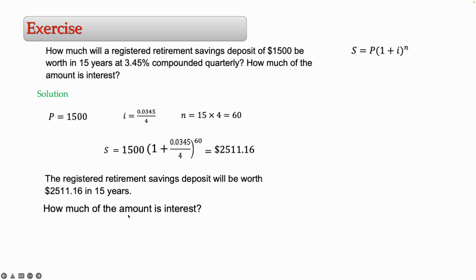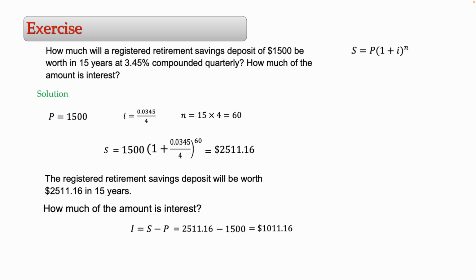So it will be this number minus 1,500, and that gives me 1,011.16.